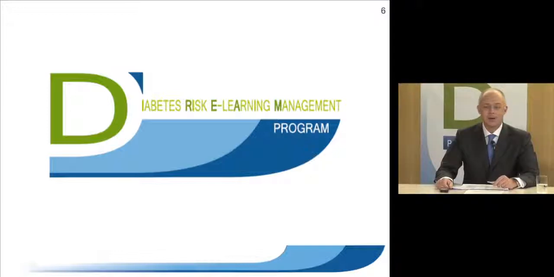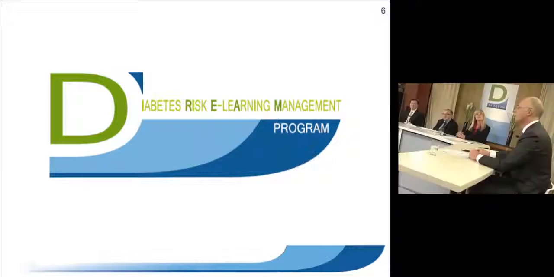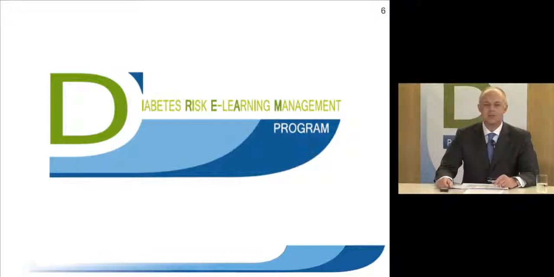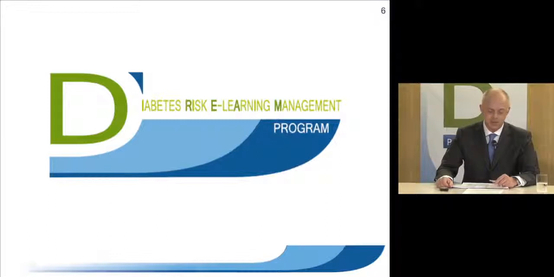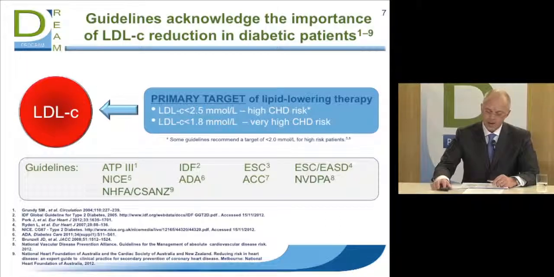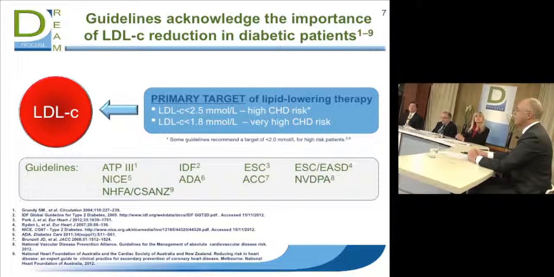Today's topic, macrovascular complications in patients with type 2 diabetes, represent a major burden for our patients with diabetes in terms both of morbidity and mortality, as well as a massive healthcare problem due to the high cost invested for managing cardiovascular disease in patients with diabetes. Now, focusing on macrovascular disease, there is a general agreement that LDL cholesterol should be the main target.